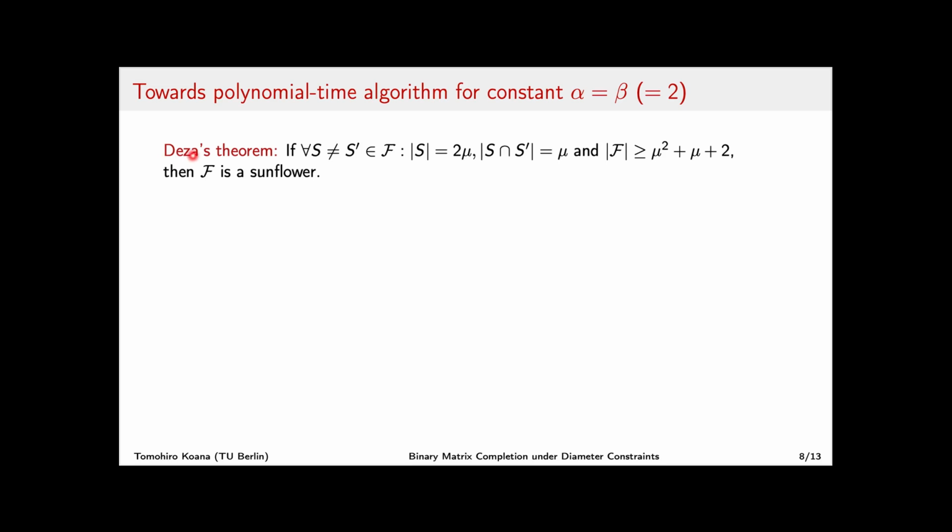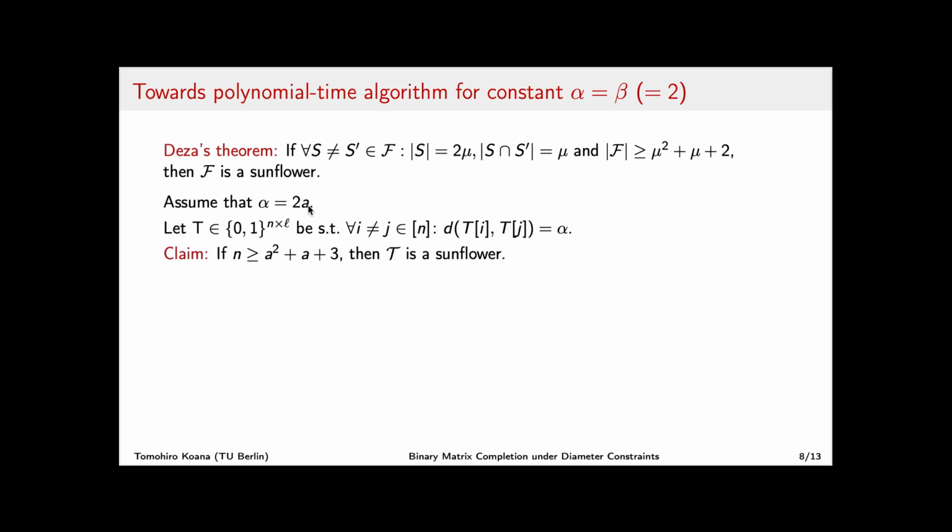We have seen the sunflower theorem. Let me show the first step towards the polynomial time algorithm for the case alpha is equal to beta. Assume that alpha is some even number and let A be half of alpha, and consider some matrix T where the pairwise distance is all equal to alpha.